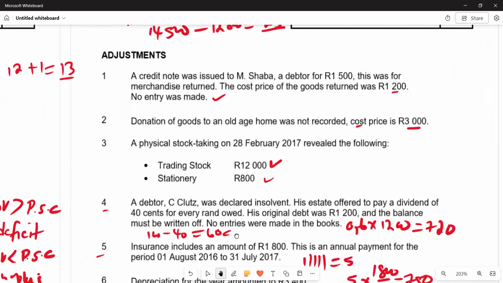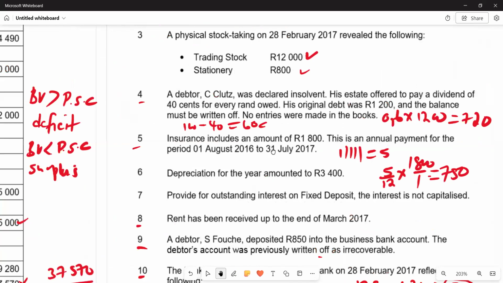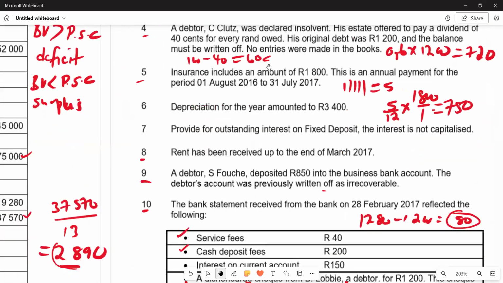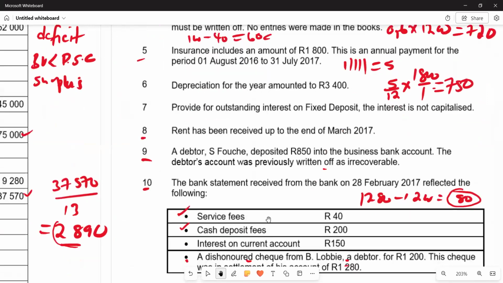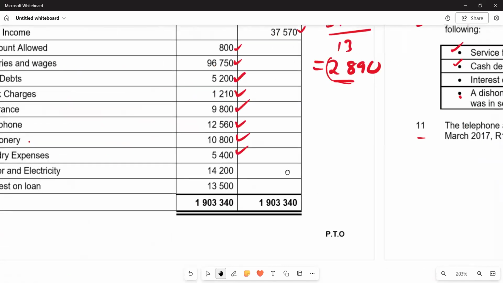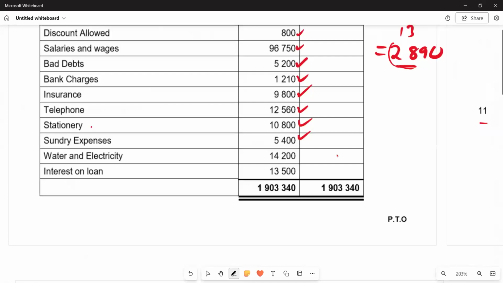We go down. We are not seeing anything that is affecting our water and electricity. If it's like that, we take the figure that you are given in the trial balance as it is. And we are seeing that the figure that we have is 14,200. So we are just going to enter our 14,200 as it is.